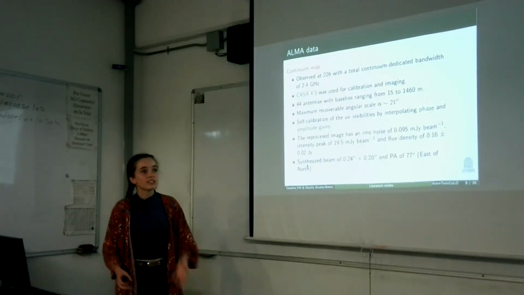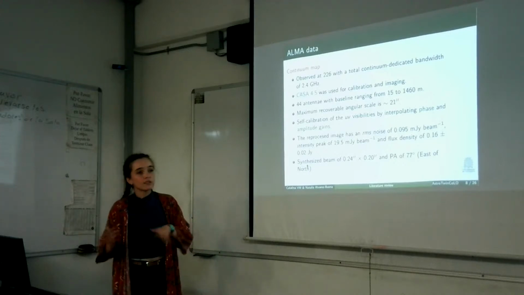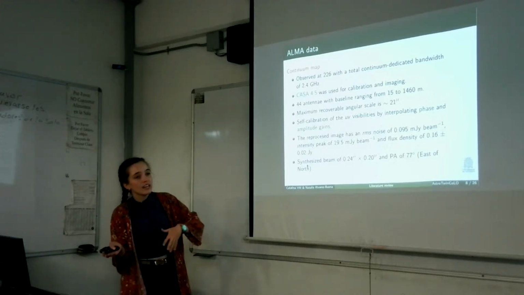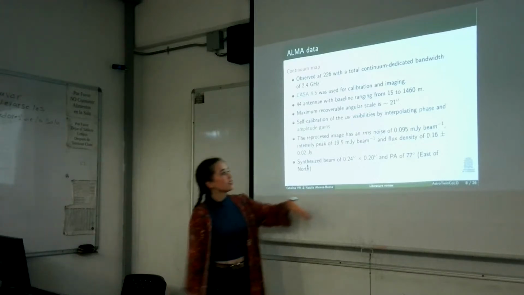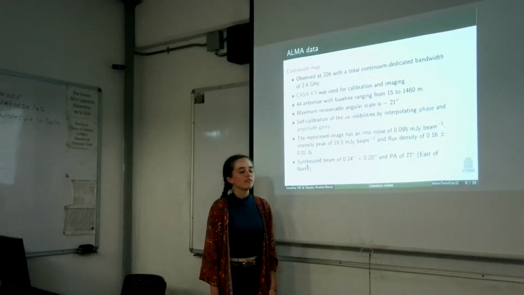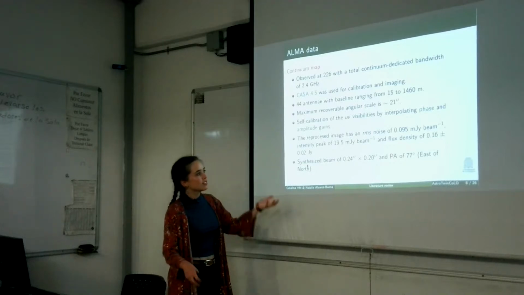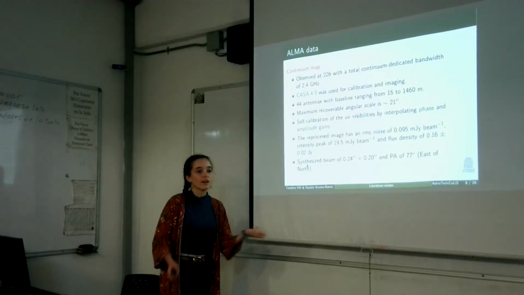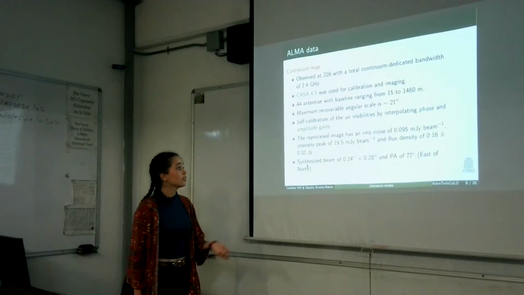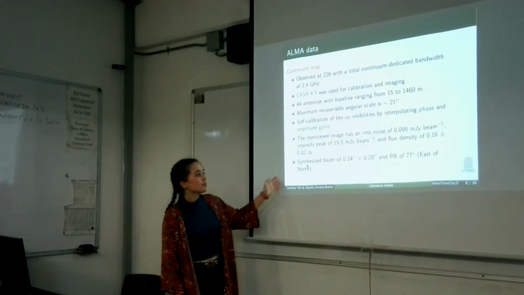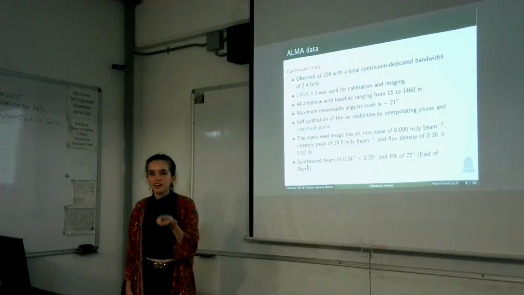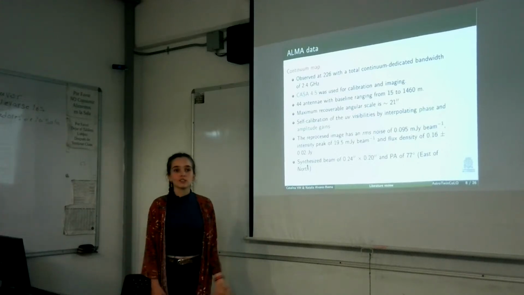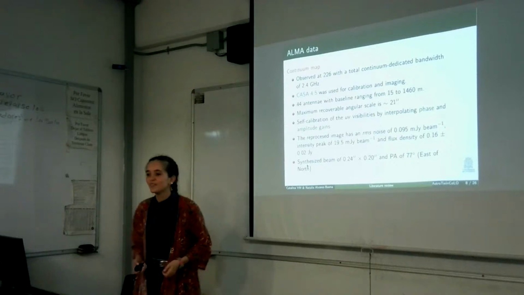The self-calibration was interpolated with phase and amplitude gains, and as you can see, the noise is pretty low for these observations, and the beam is so small that we can observe pretty detailed information of this star. Thank you.